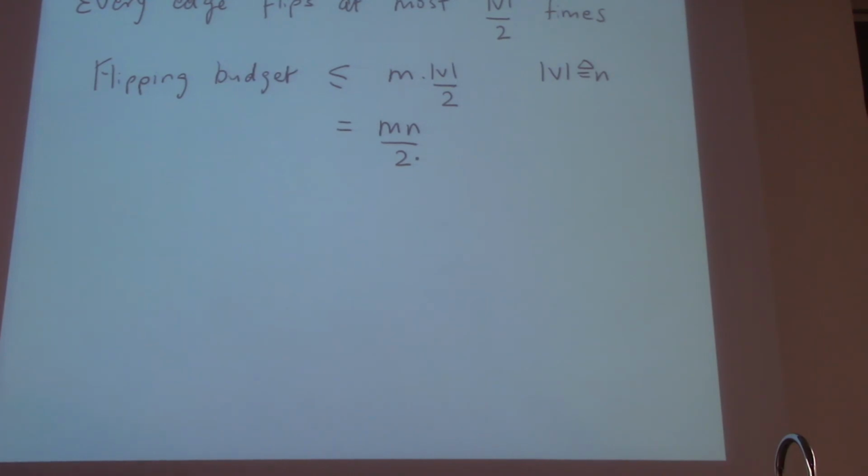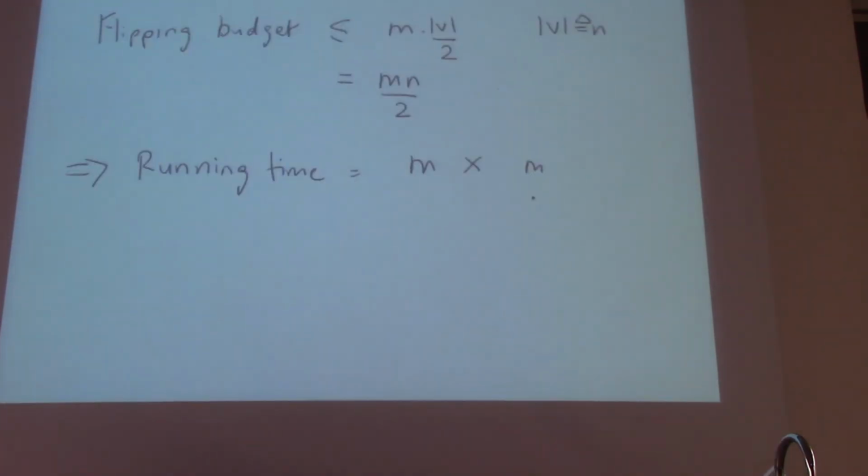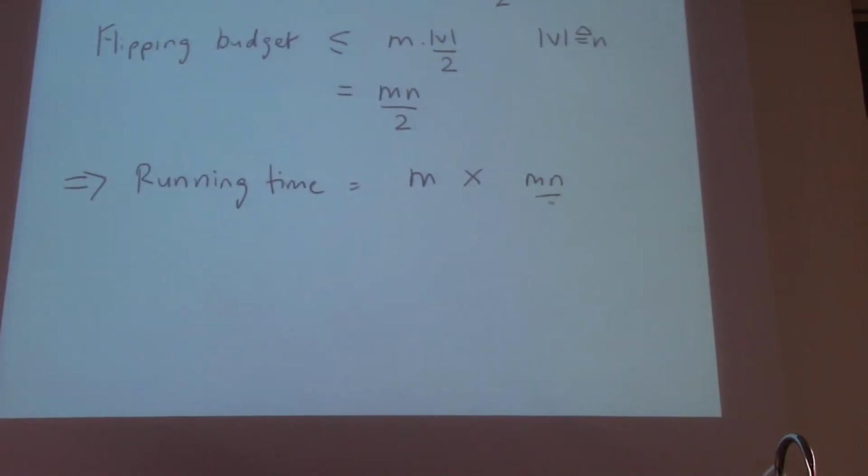I'm just finding it, and I can do BFS for that. So this would imply that the running time is equal to the time per iteration times the number of iterations, which has no dependence on the total flow value.